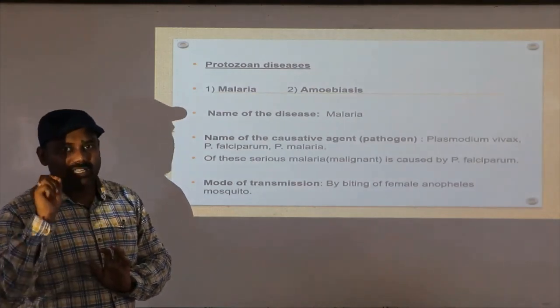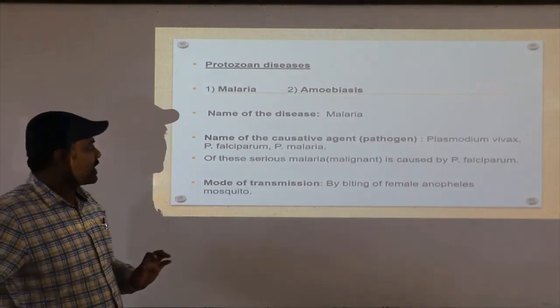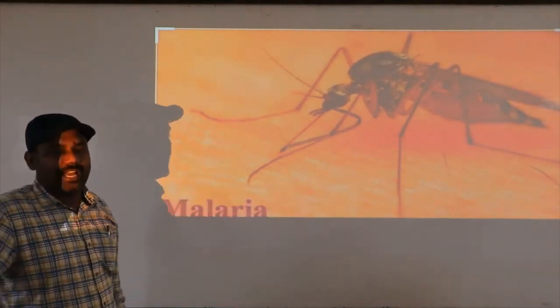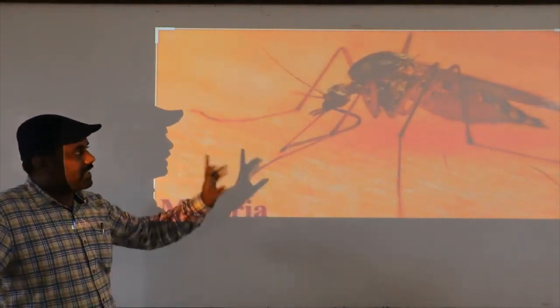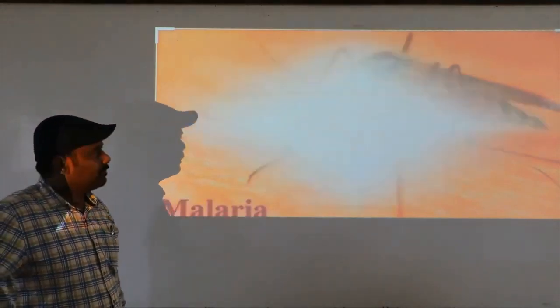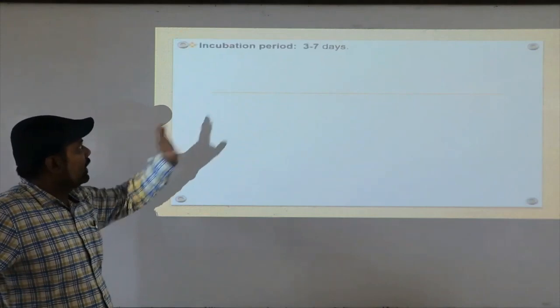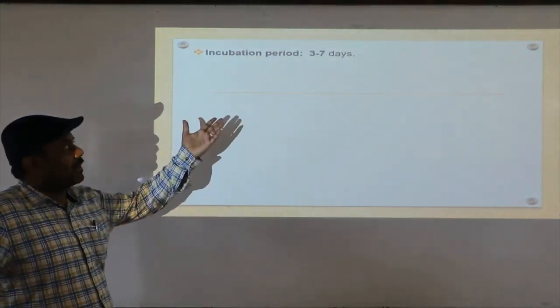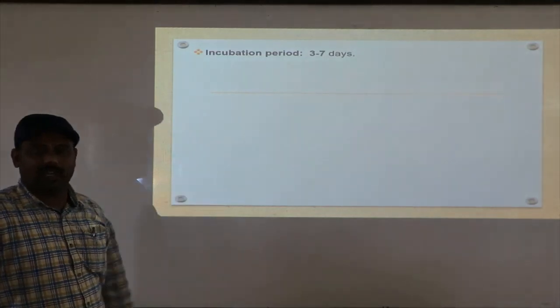Do remember, plant sap. Next. This is the malarial mosquito, a female Anopheles mosquito which bites a normal person and infects them with malaria. Next, incubation period. Commonly the incubation period is 3 to 7 days in case of malaria.